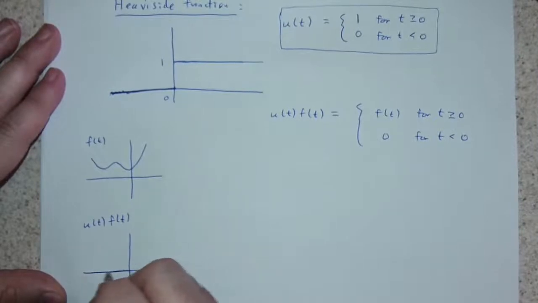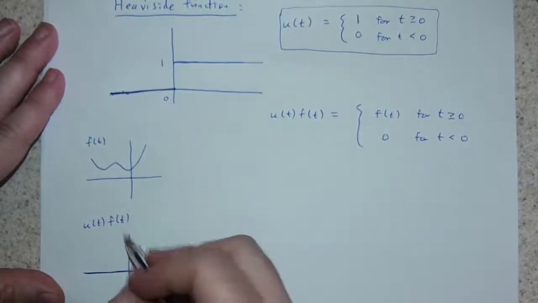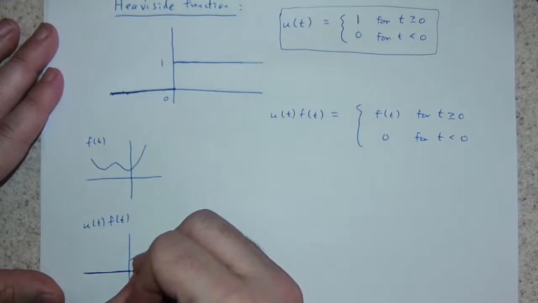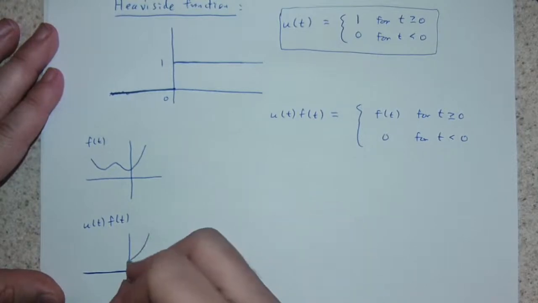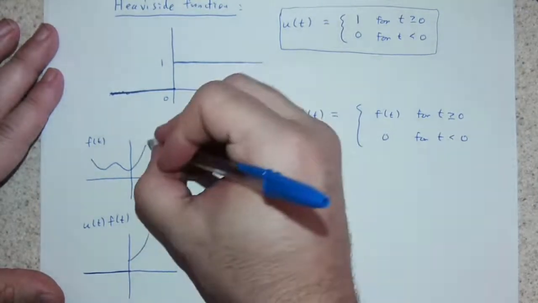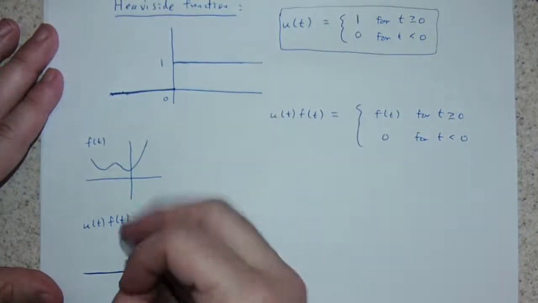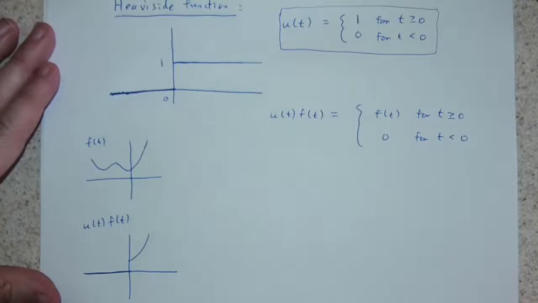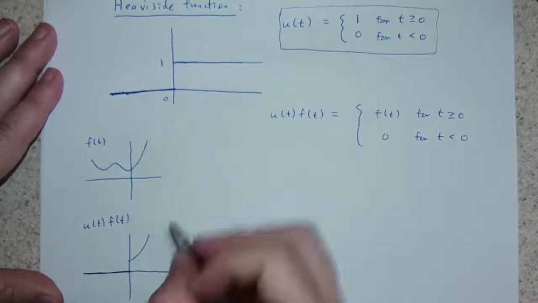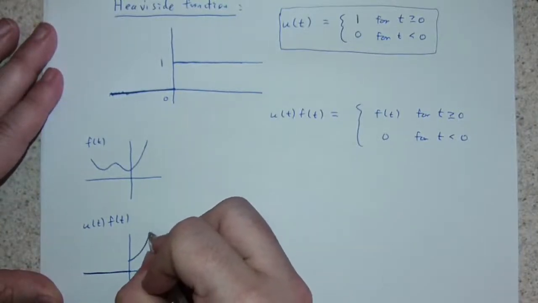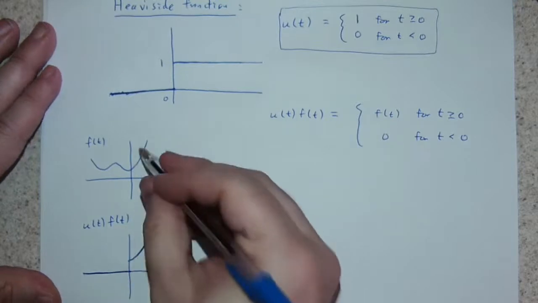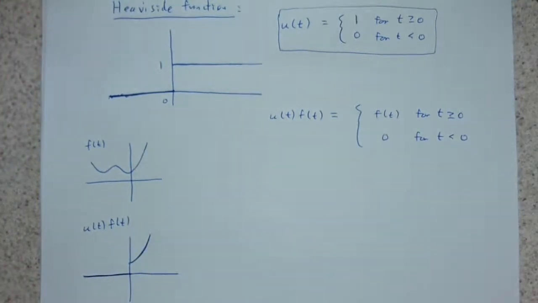So it's just going to be 0. And then at 0, this thing turns on, so just this piece, right, turns on. So this is what u of t, f of t would look like. It would be 0, and then it would turn on at 0, and from that point on, it would have the same functional values as f. Okay.